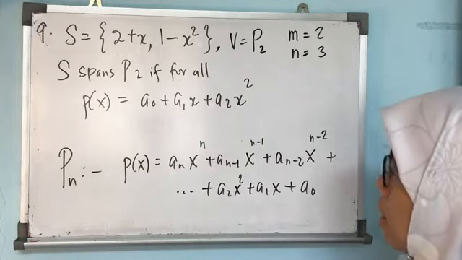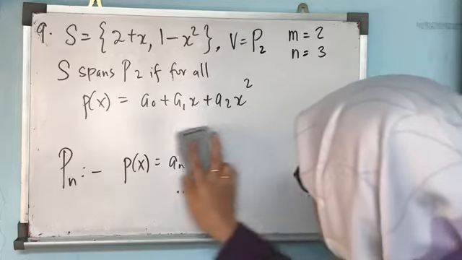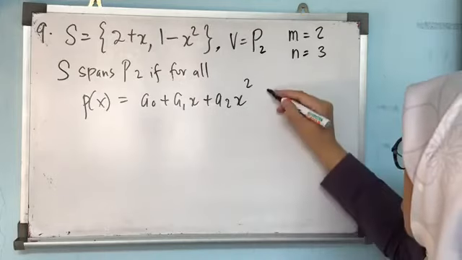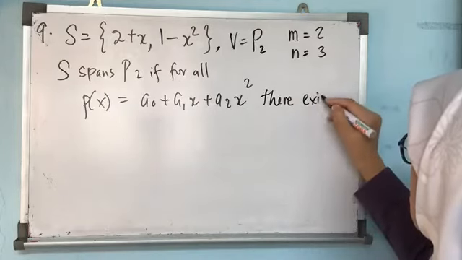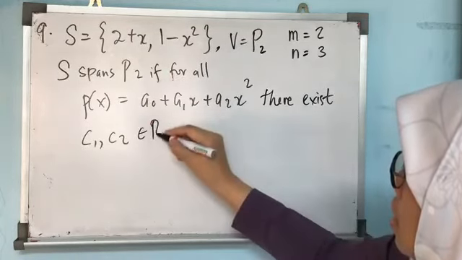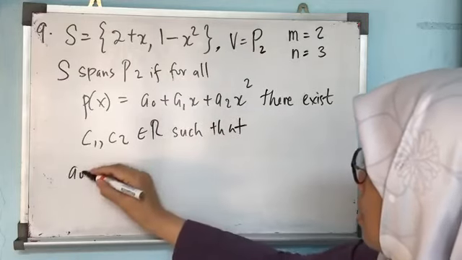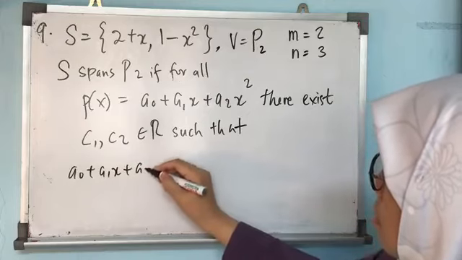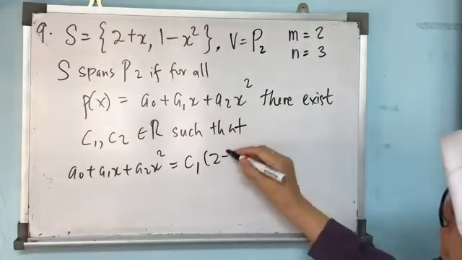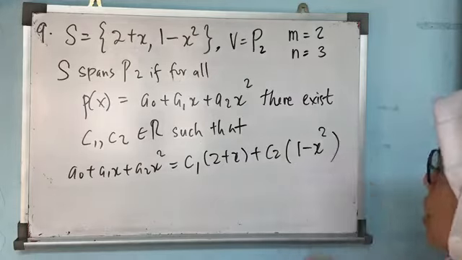Okay. Now, next one is, I haven't finished: for all P(x) there exist c1, c2, only 2, in R, such that this is in terms of c1 times (2 plus x) plus c2 times (1 minus x squared).